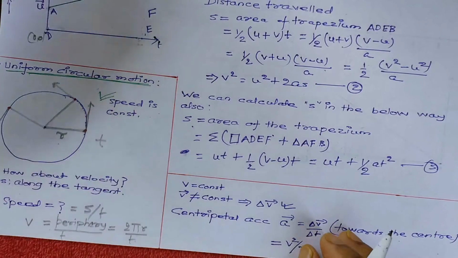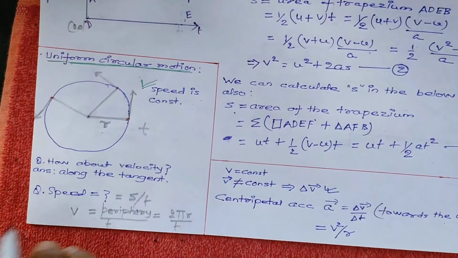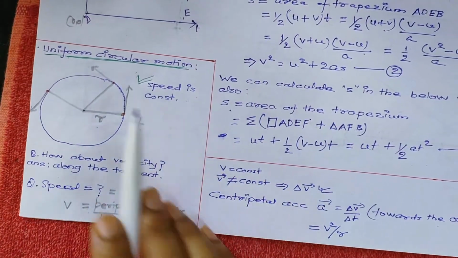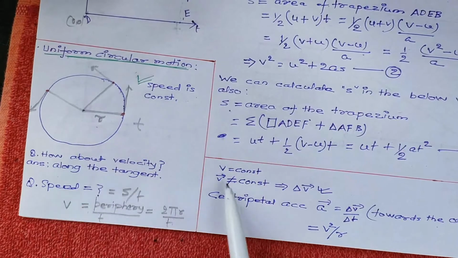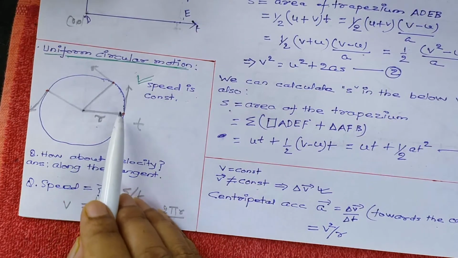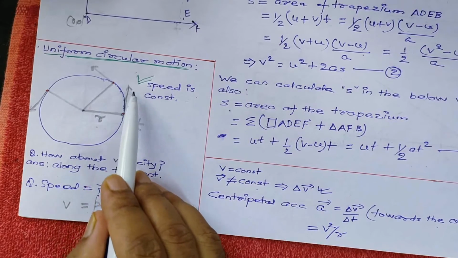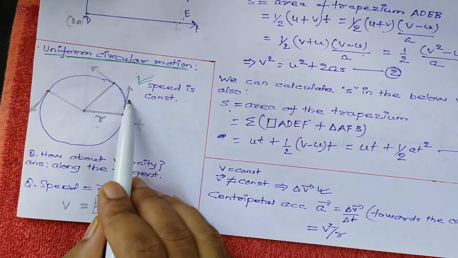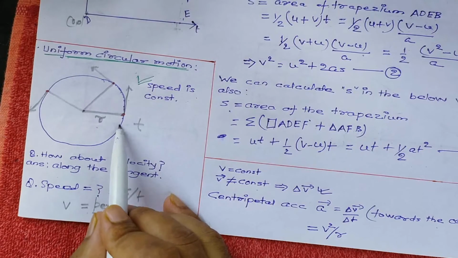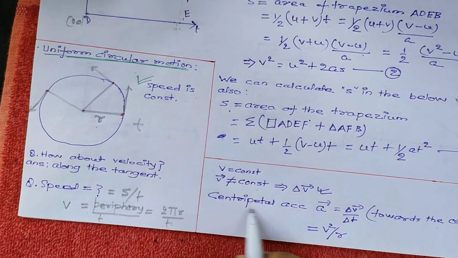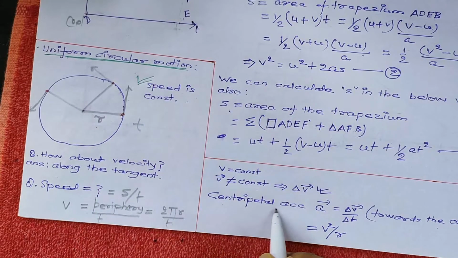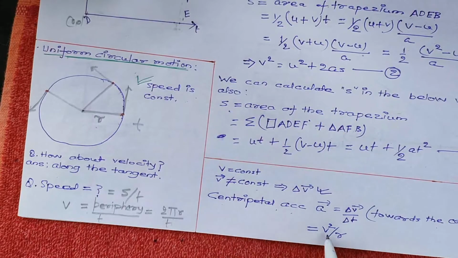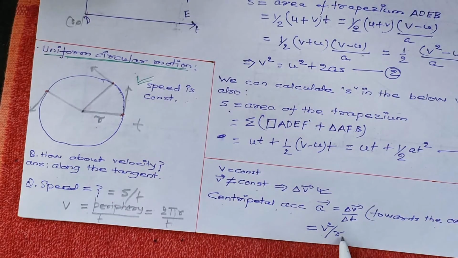So in short, in uniform circular motion speed is constant, velocity is not constant, because the direction of the velocity is along the tangent at every point of time. So there exists an acceleration which is called centripetal acceleration, the formula of which is v square by r.